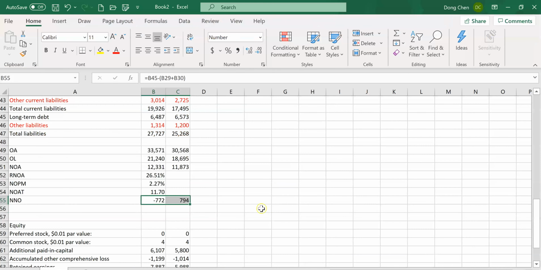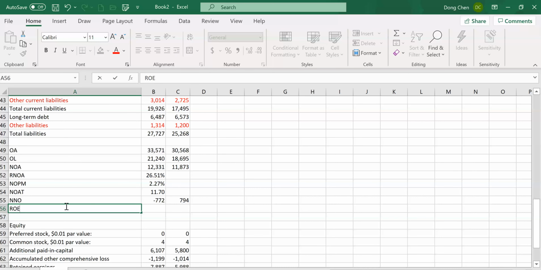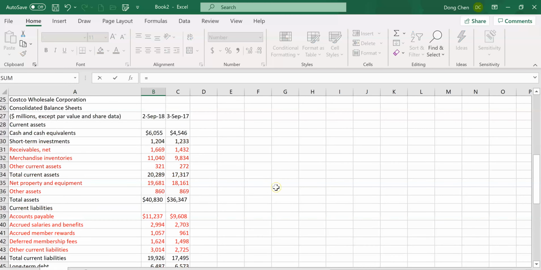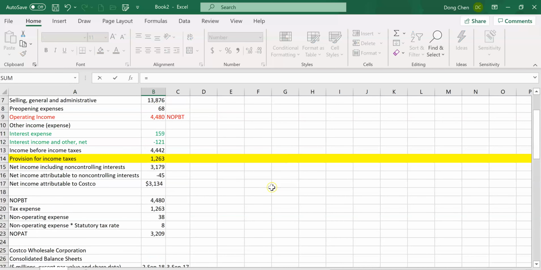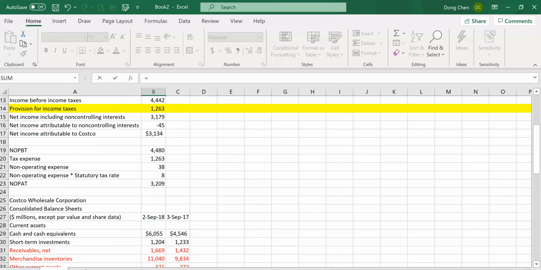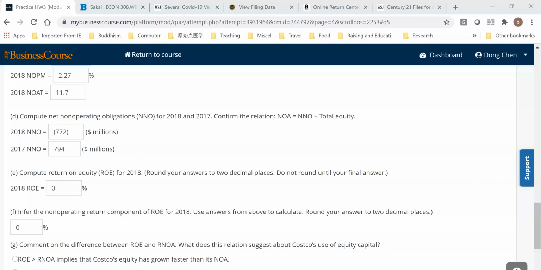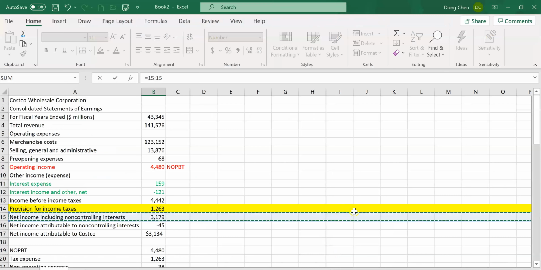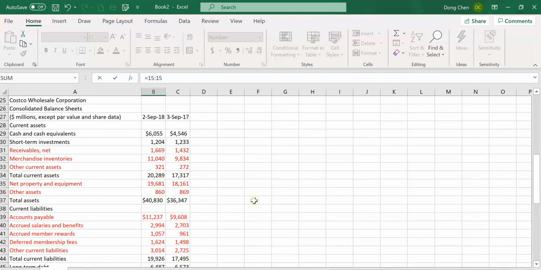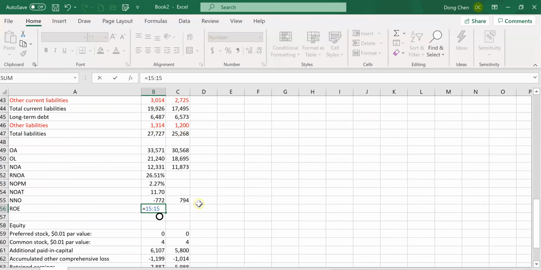All right, so compute return on equity for 2018. ROE is defined to be net income divided by equity.